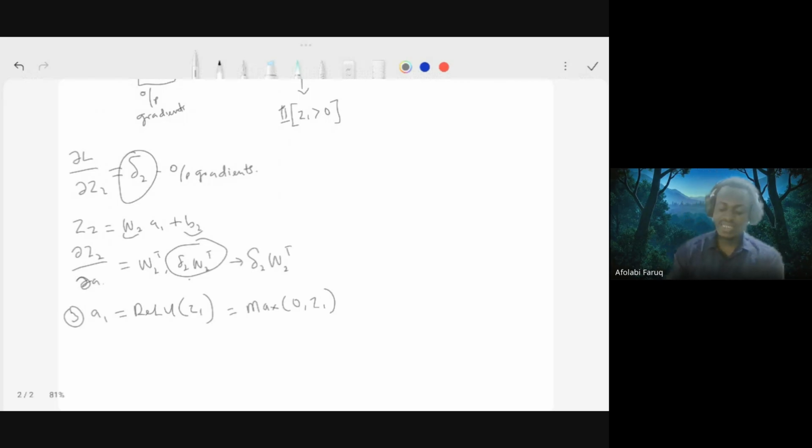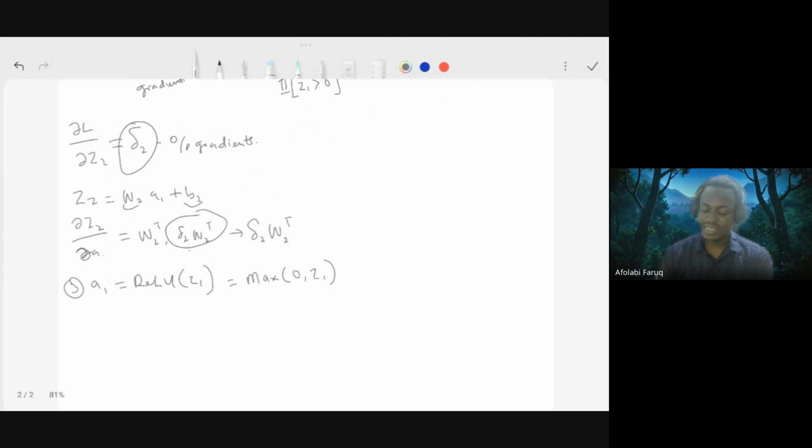And we can also take the derivative of that: ∂A1/∂Z1 is 0 if Z1 is less than 0, and 1 if Z1 is greater than 0. That's the derivative.